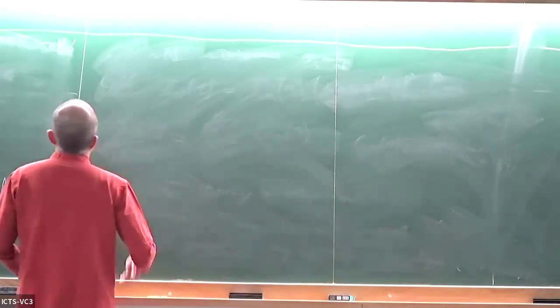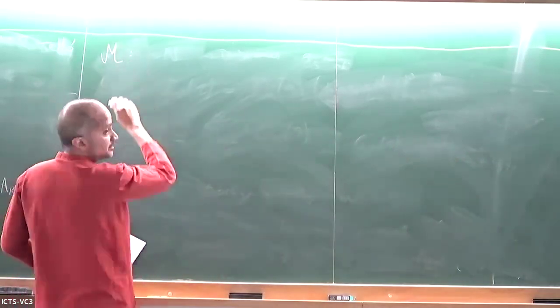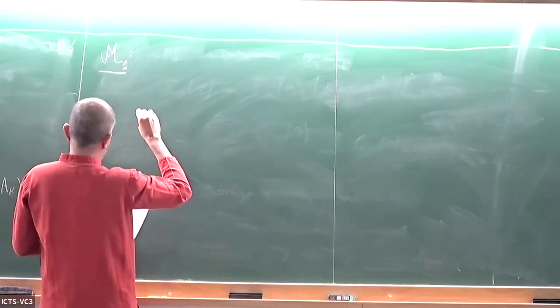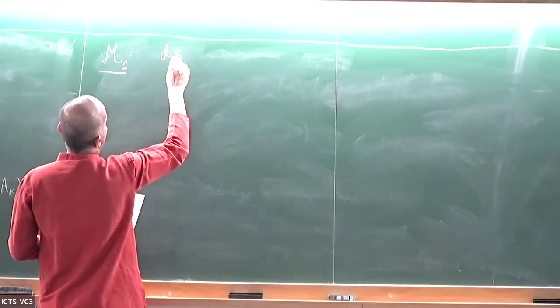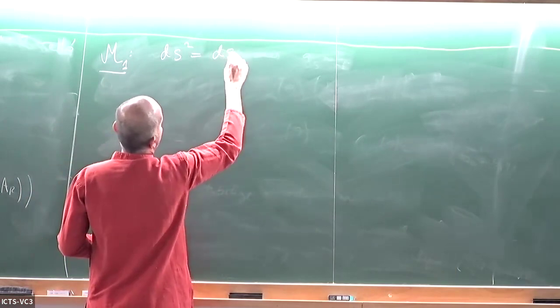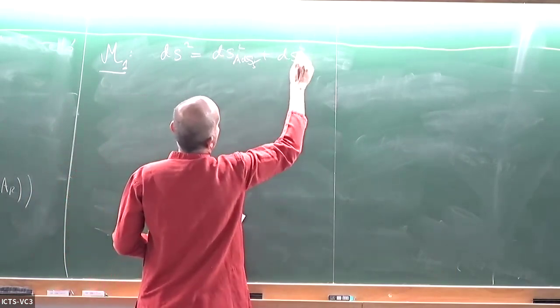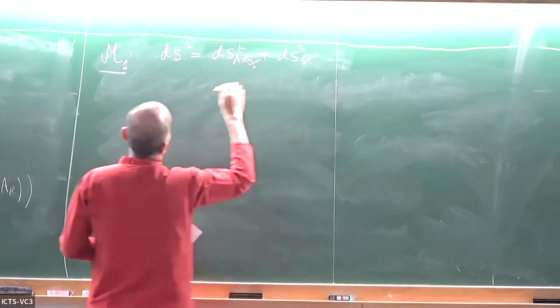All right. So let me describe this moduli space a little bit. Let me describe the moduli space of one giant. So ds squared is ds squared of AdS5 plus ds squared of S5.